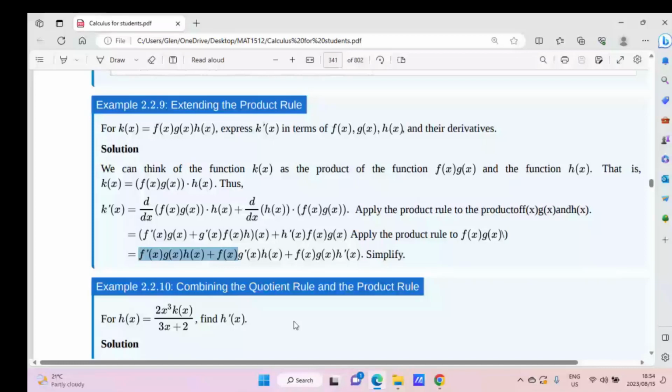When they say calculus is easy, the hard part is the algebra. You'll find out.